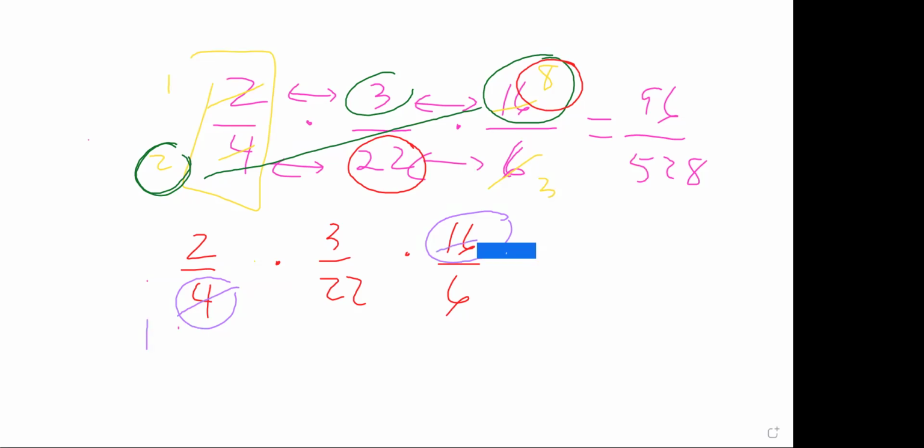It goes into 16 4 times. Boom. And then I'm going to look at 2 and 22. 2 goes into itself one time. 2 goes into 22 11 times.